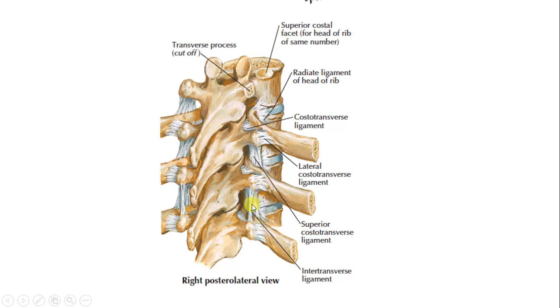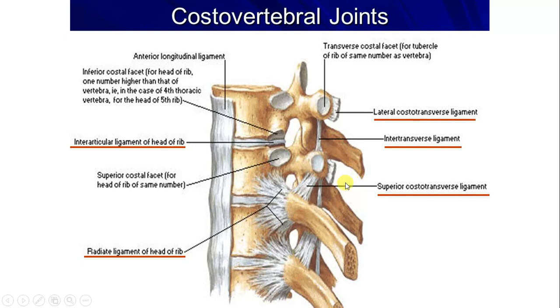Intertransverse ligaments are also shown here, but these are more concerned with the vertebrae. The crest of the rib is also attached to the intervertebral body through a ligament. Here are the facets, the radiate ligament, the costotransverse ligament, the lateral costotransverse ligament, and the superior costotransverse ligament.